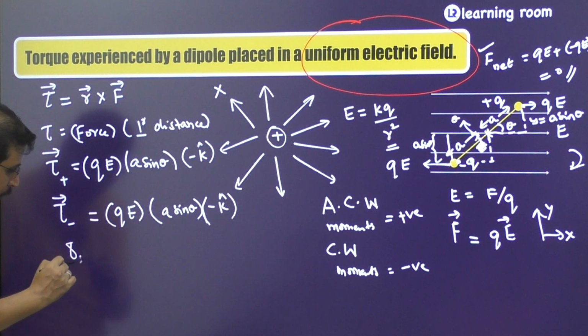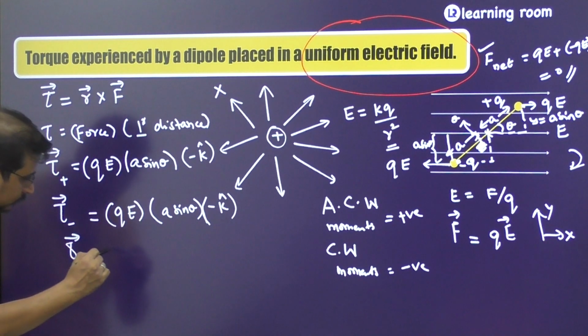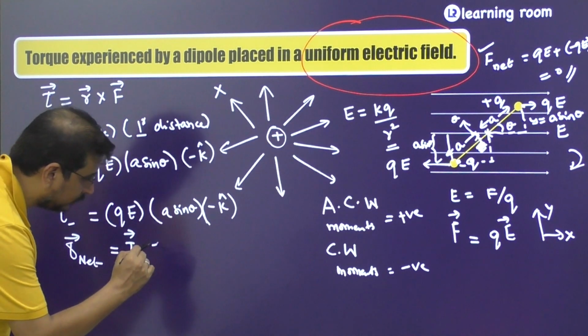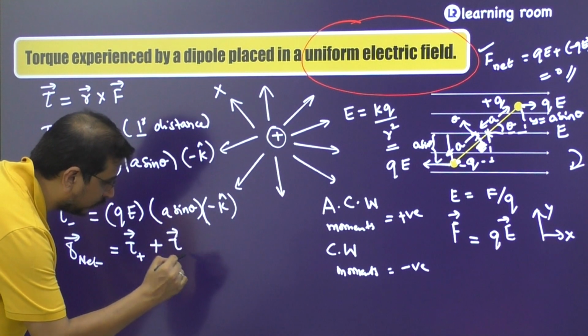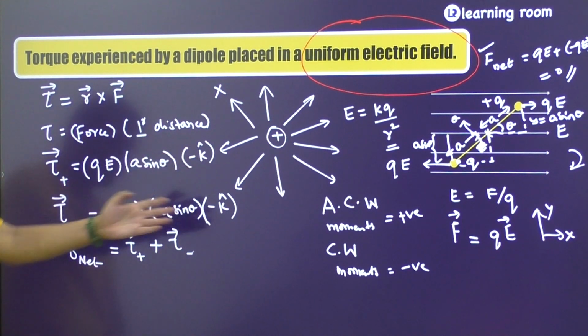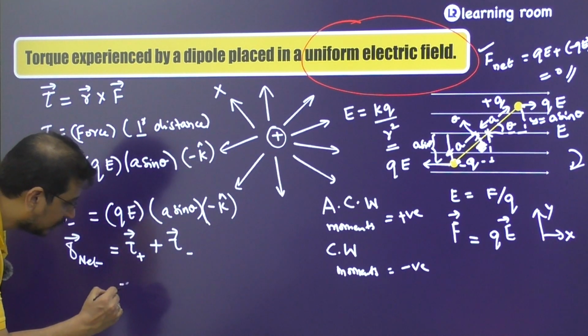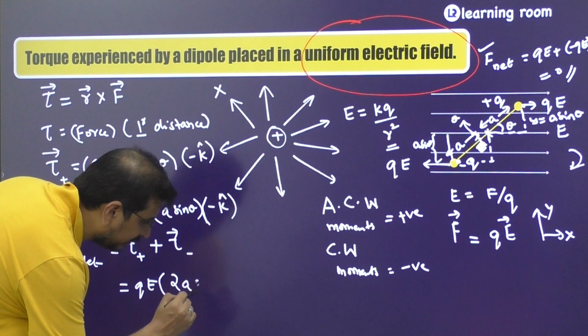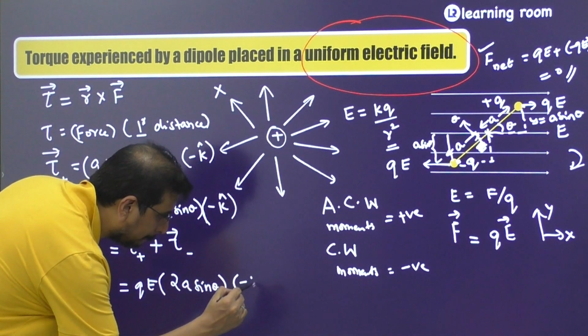So what is going to be the net torque? Torque due to the positive charge plus torque due to the negative charge. They get summed up because they are both in the minus k cap direction. So what should I write? QE, if I take it out, A sin theta plus A sin theta gives me 2A sin theta with a minus k cap.